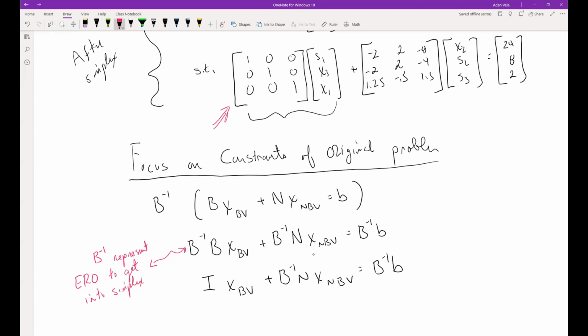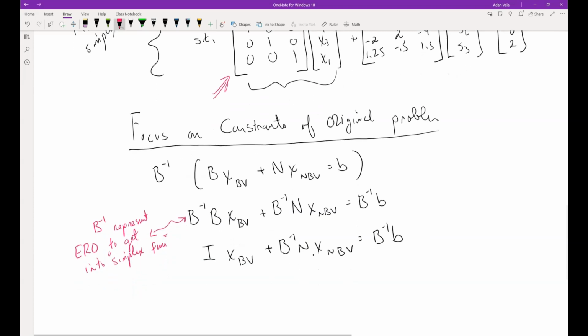So when we're getting into that simplex form, we get the solution. All right, so this is pretty cool.